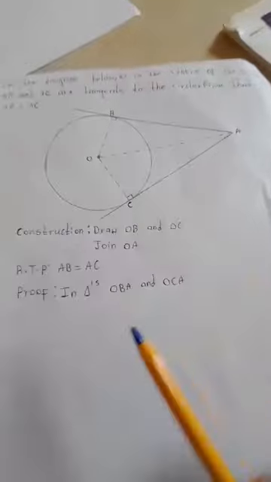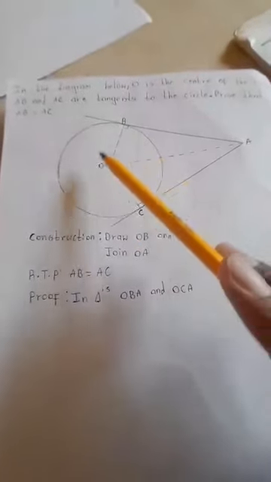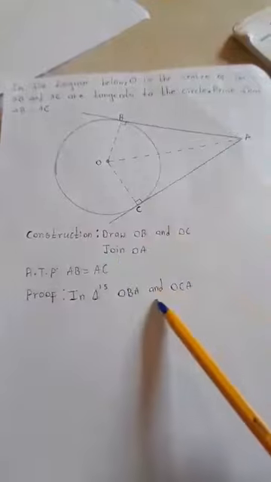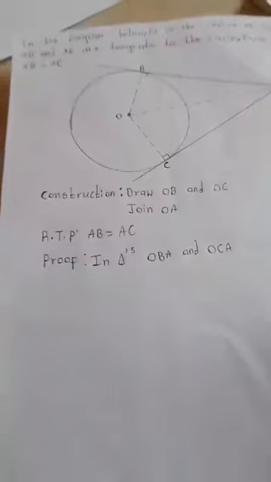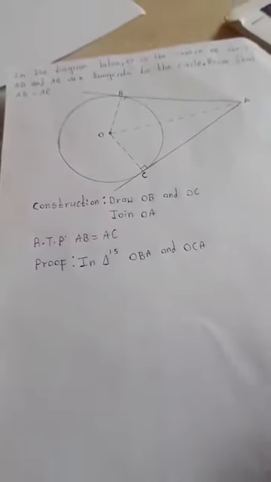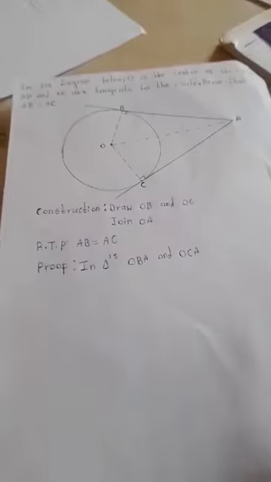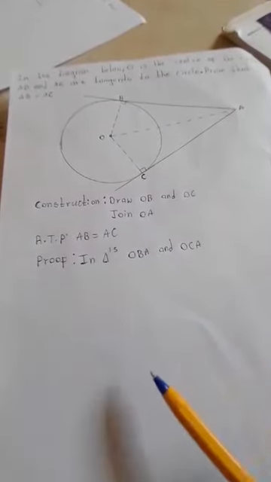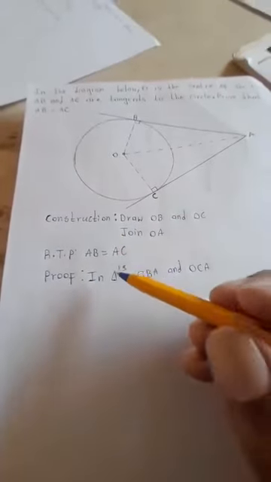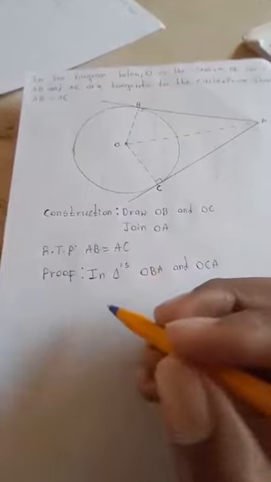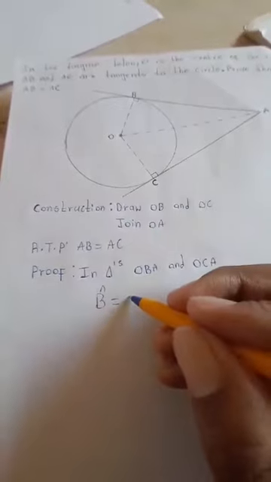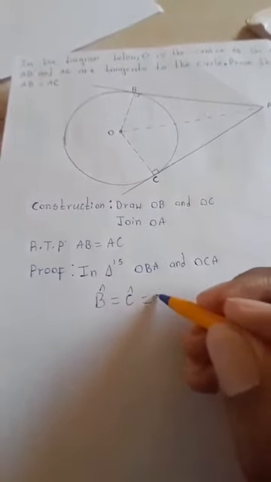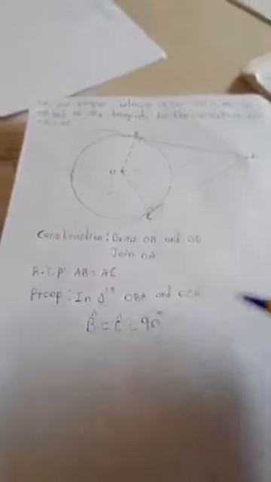In our proof, we will say in triangles OBA and OCA, we can take out the main relationships. We can say angle OBA, angle B, is equal to angle C, is equal to 90 degrees.